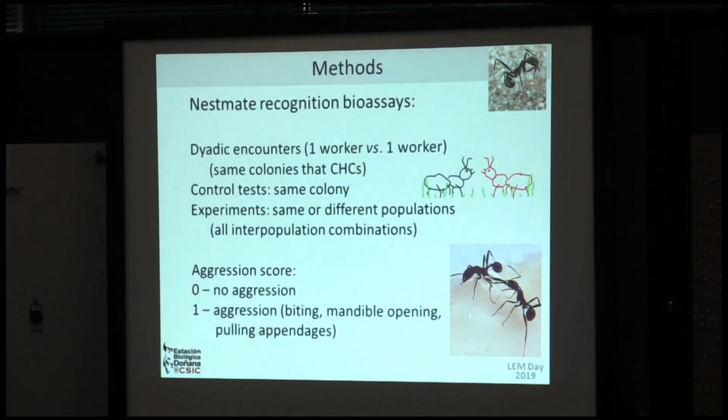We used an aggression score, zero for no aggression and one for aggression. In the case of aggression, this is an example. You can see how this worker is biting the leg of the other worker. Sometimes it's not necessarily biting, it's only mandible opening, or they are pulling appendages.